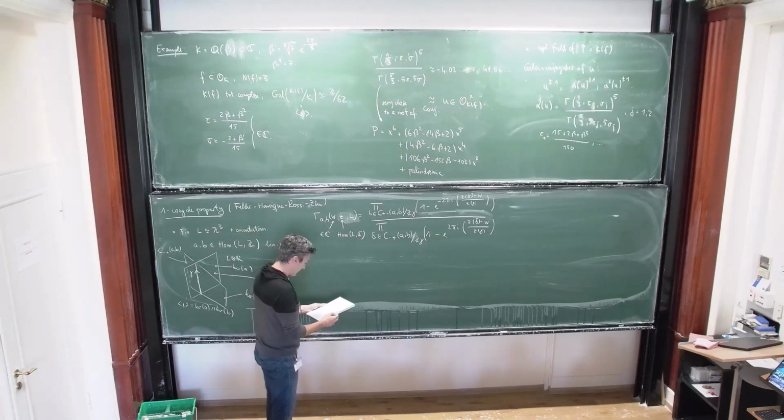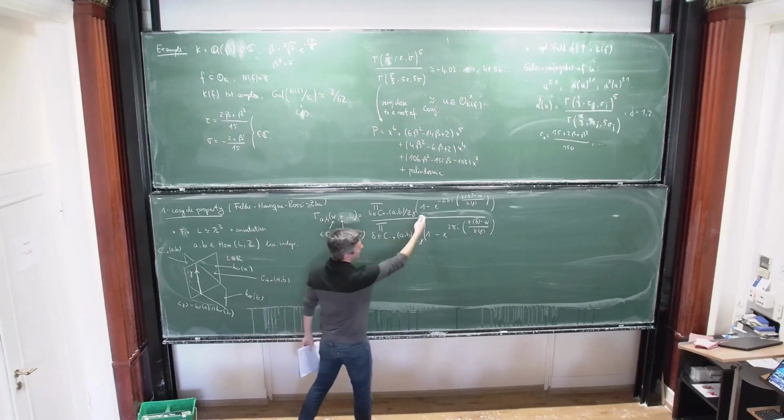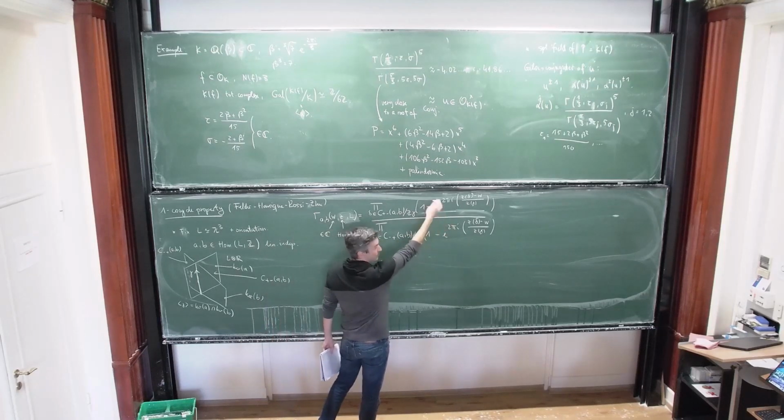What I want to say is that Z is defined on an open set in this 3-dimensional space where it's guaranteed that these products will converge.